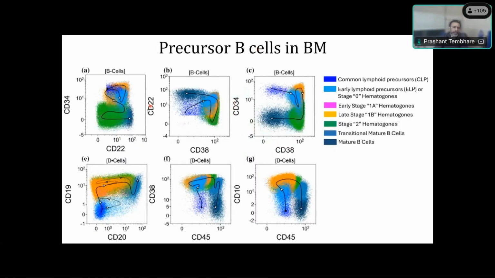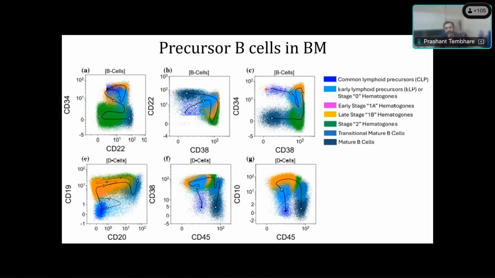Here are the 6 figures showing how the B cell precursor matures. The blue cell indicates the earliest stage, the common lymphoid precursor, which is part of the hematopoietic stem cell. We know the hematopoietic stem cell differentiates into myeloid and lymphoid precursors.